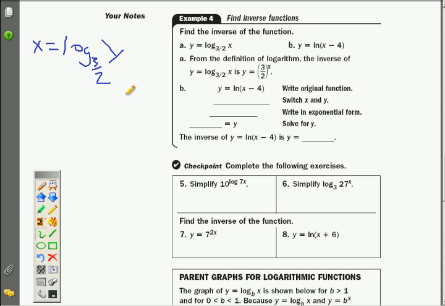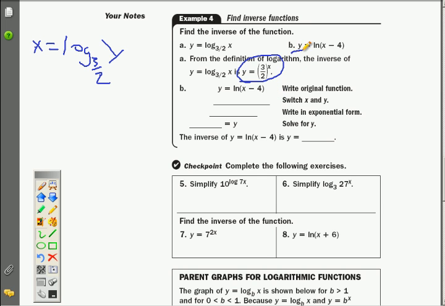So if I'm trying to get y by itself, I'm just going to rewrite this in exponential form and say 3/2 to the x equals y. So I just rewrote it in exponential form once I flip-flopped the x and the y. And so remember, they didn't really explain that very well here.